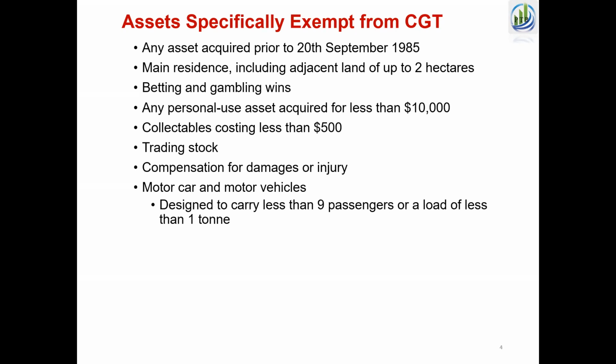However, this is only for your personal use assets. For a business car or business equipment, we do it as normal: we calculate the capital loss or capital proceeds, and the proceeds you include as business income. The motor car and motor vehicle we are talking about here is exempt only for personal use, in your private car.